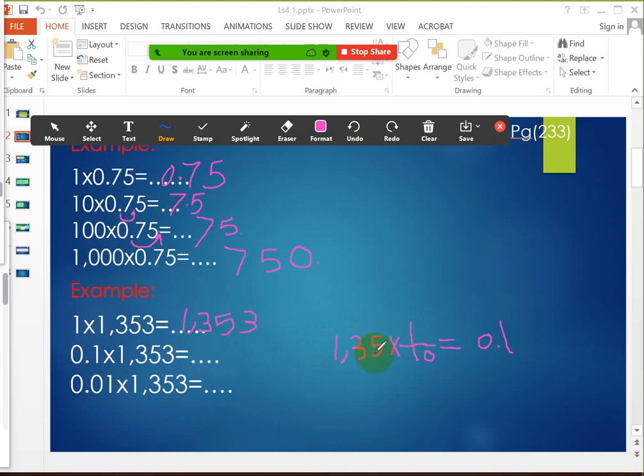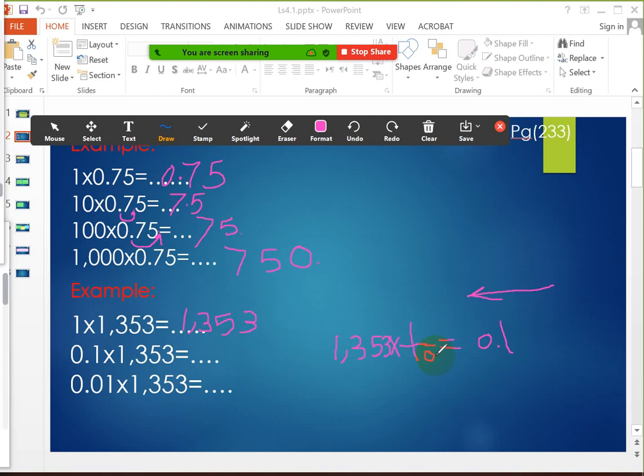Okay? And you remember I said that when we divide a number by a power of 10, you have to move the decimal point to the left side, number of digits equals number of zeros in the denominator.